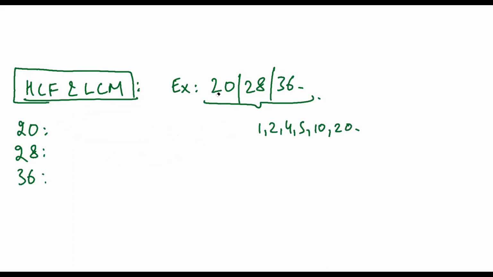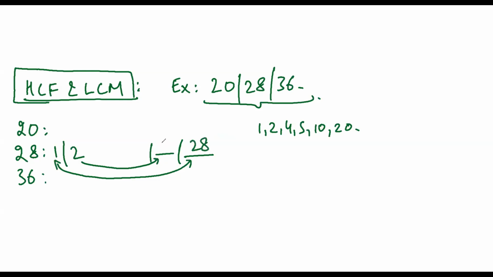So using the same method, let us find the factors of 28. So 1, 2. What should I write here? 28. What should I write here? 14. Any other factor we have?